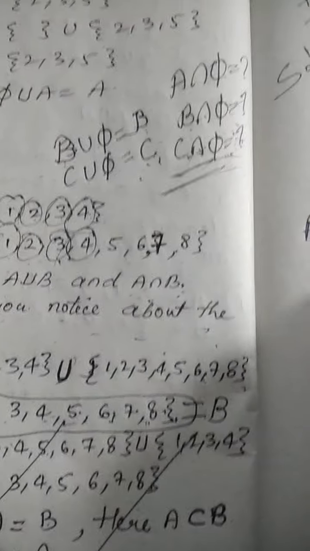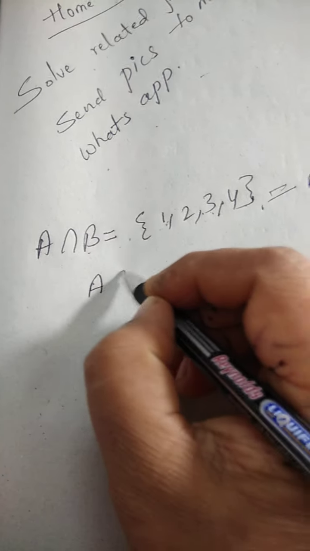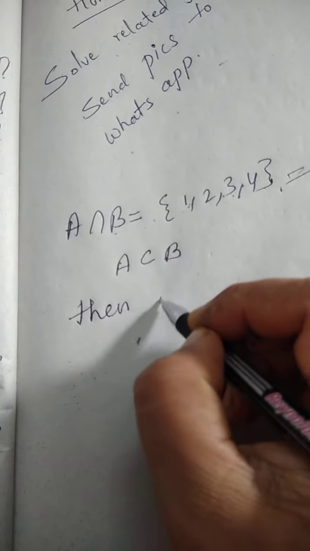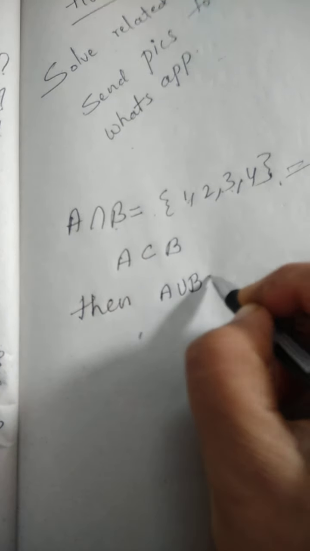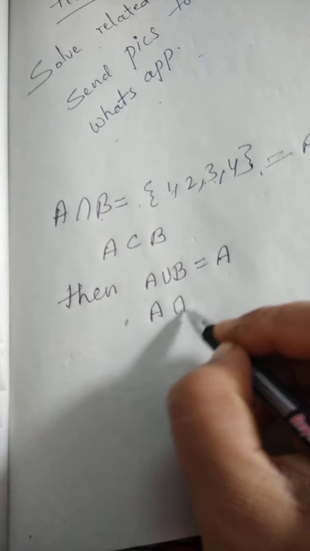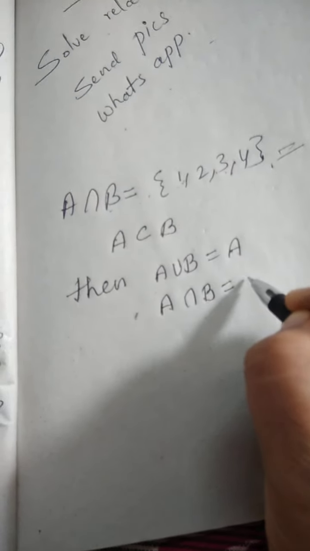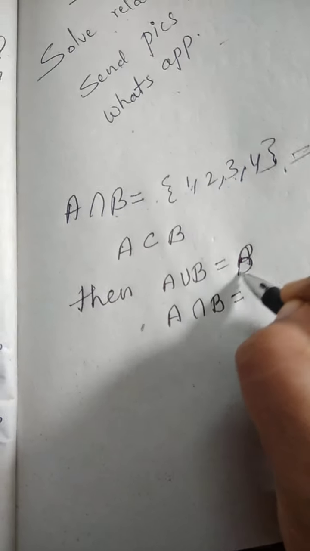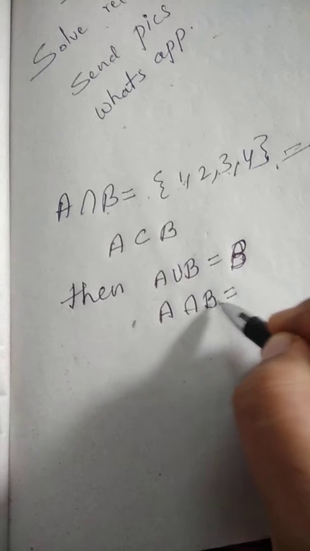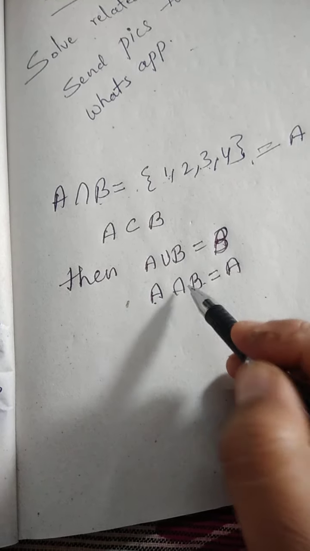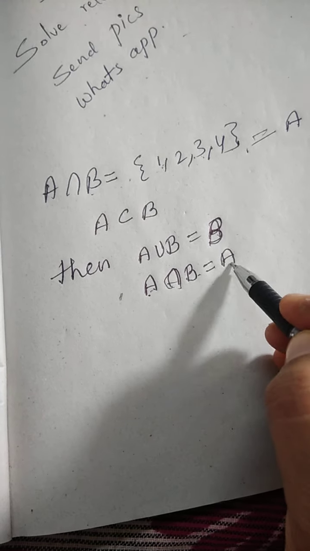We notice that when A is a subset of B, then A union B is equal to B and A intersection B is equal to A. A is the smaller set. When we take the intersection, A will be common.